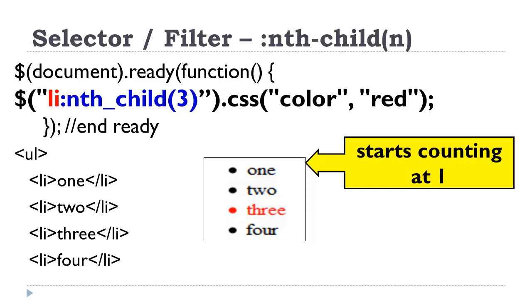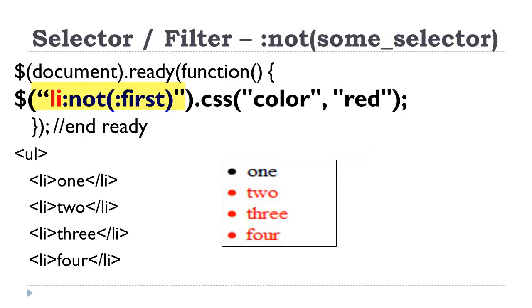There is no 0 child. The not selector will select everything except whatever selector is being passed to not. So here is an example where we would select every LI element except for the first because we have not.